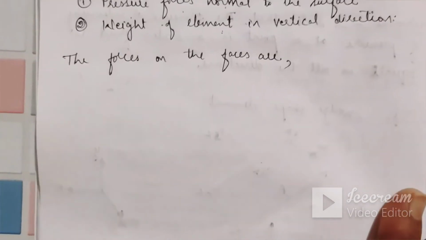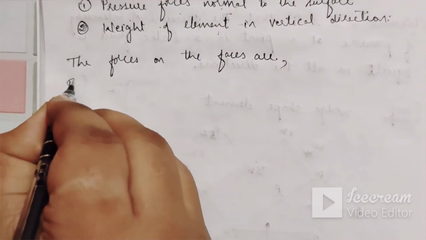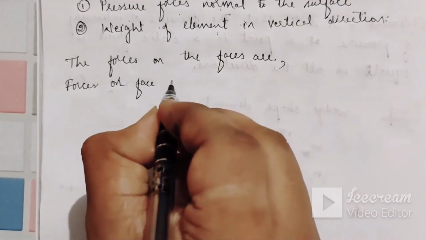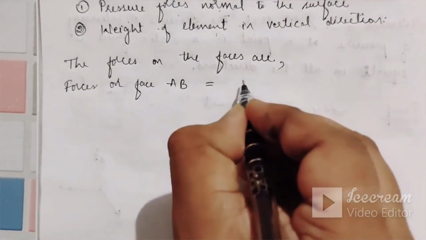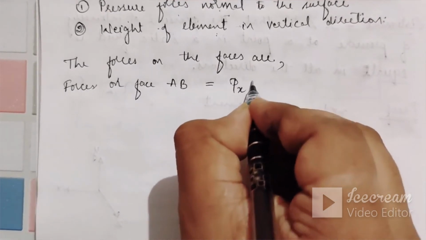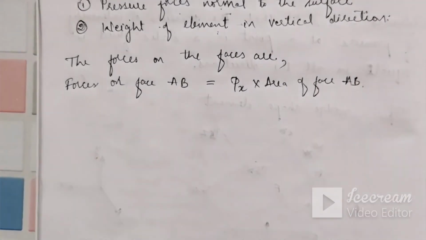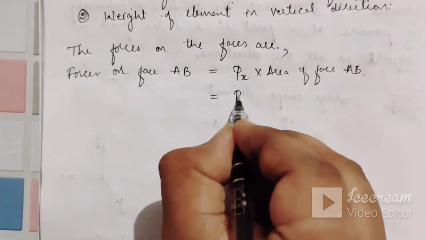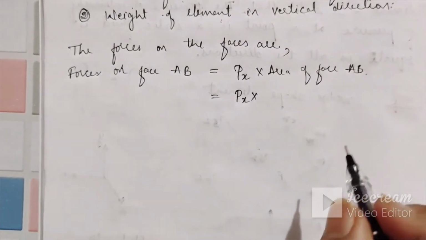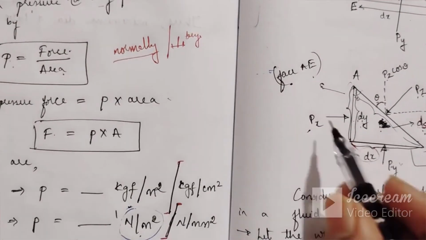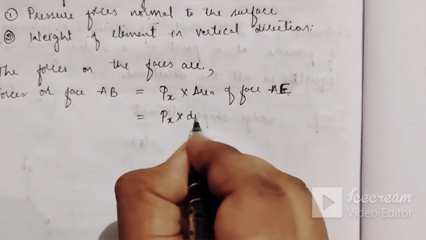I'll write one by one. Forces on face AE is equal to px, the pressure force, into the area of face AE. So px into dy into 1.